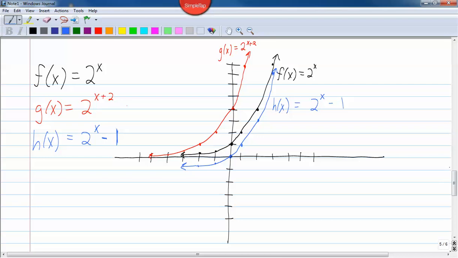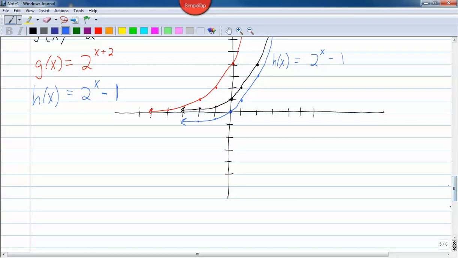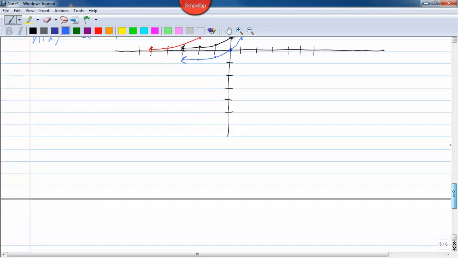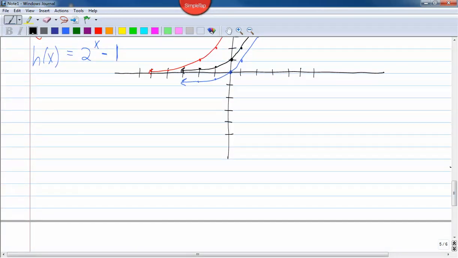So that's exponential functions. We have one special exponential function that I want to cover now, and its base, it's called the natural base, and it is e. Say e is not a number, it's a letter.